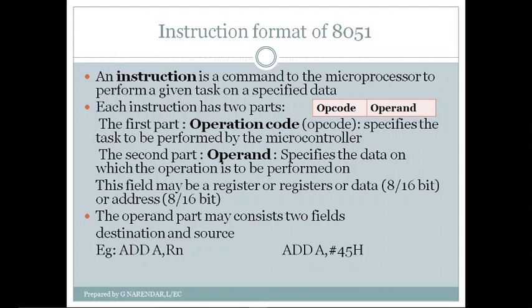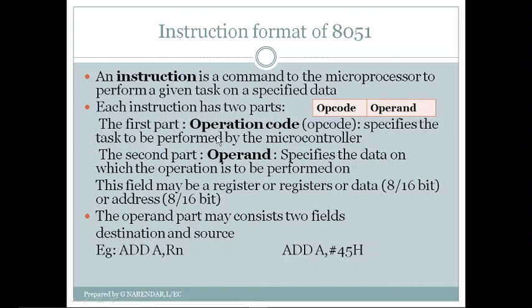So when the microcontroller is given one instruction, we are telling it to perform a particular task on specified data. What that particular task is, is specified by the opcode. What that particular data is, on which the operation is to be performed, is specified by the second part, the operand.